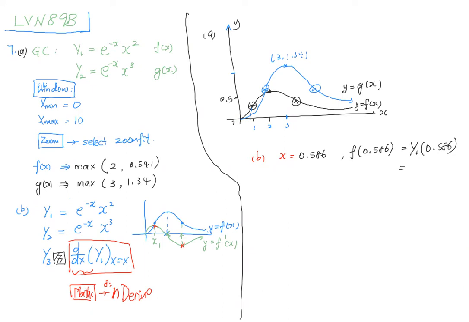So what is the answer? Ethan, what is your answer? When X equal to 0.586, what is your Y? What is your fx? From your exam paper, you just tell me your answer. It's 0.191.